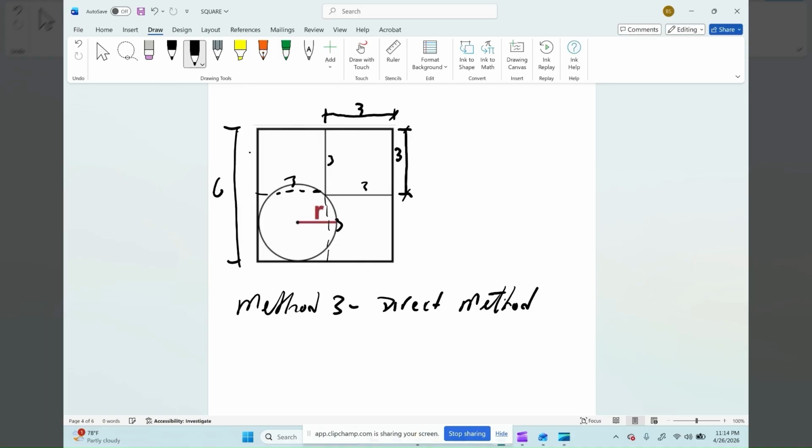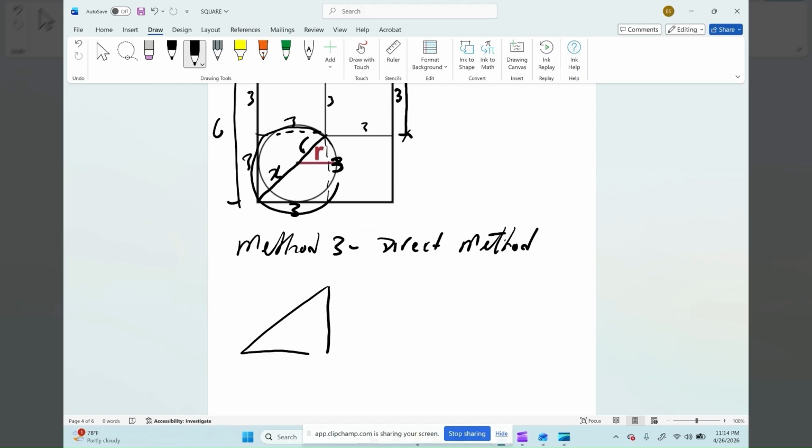So this is 3, and let's concentrate only on this square. We can bring this here, and we know that this is r, and this is x, and this is 3, like we said, and this is 3. So let's concentrate on this triangle right here, and we'll say we have 3, we have 3, we have x plus r.